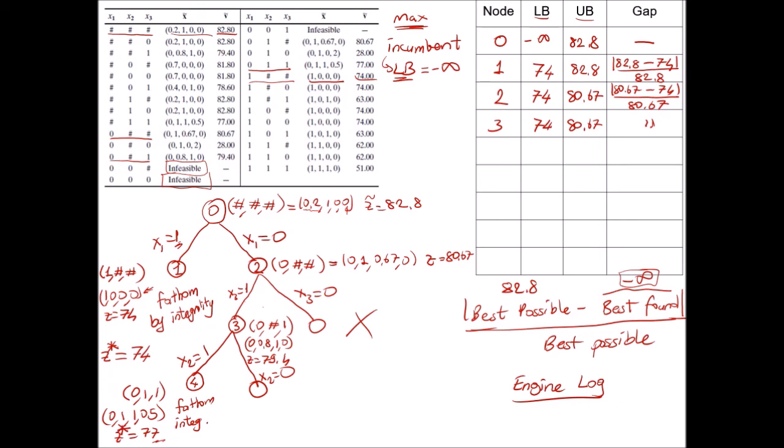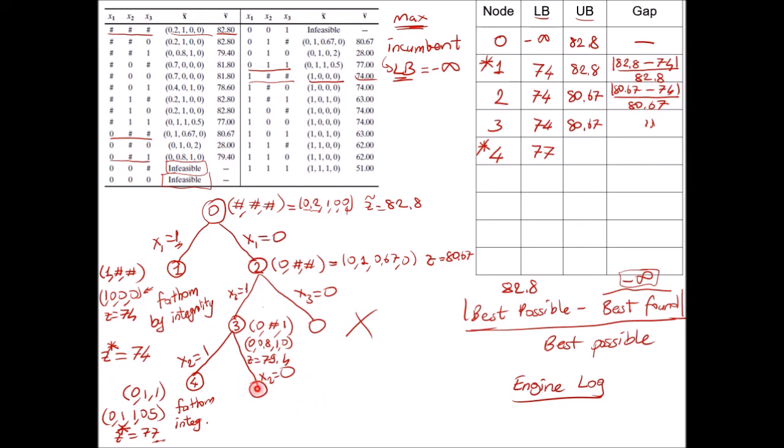By the way, also in this table, as soon as you get a new, better integer solution, it is better to put a star. We first get our integer solution 74 in node 1. So I put a star here. And in this node 4, I obtained a new better integer solution value. I updated my incumbent, so I'm putting a star here. And now my new incumbent solution is 77. Okay, what about the upper bound? For that, I need to check the parents of the open nodes.